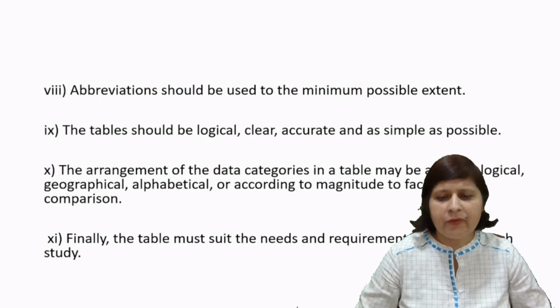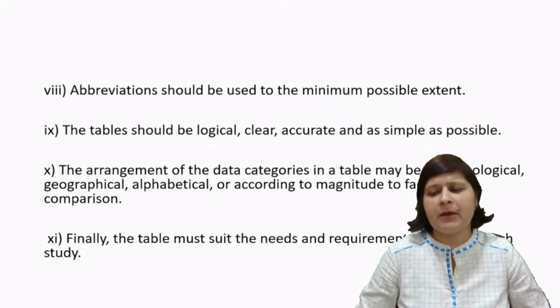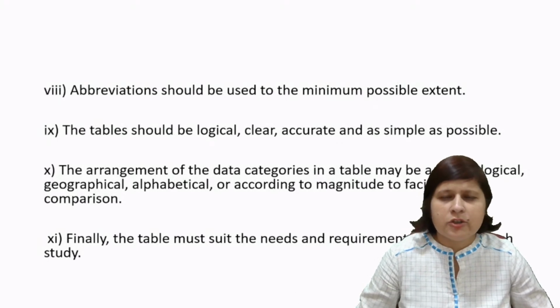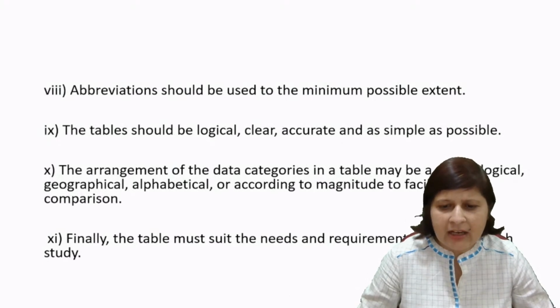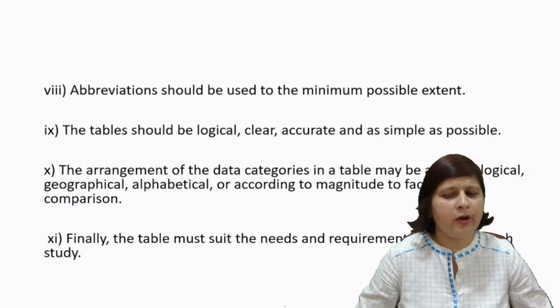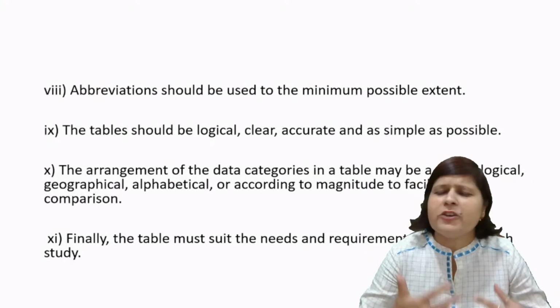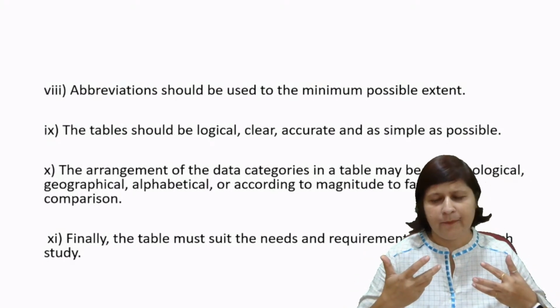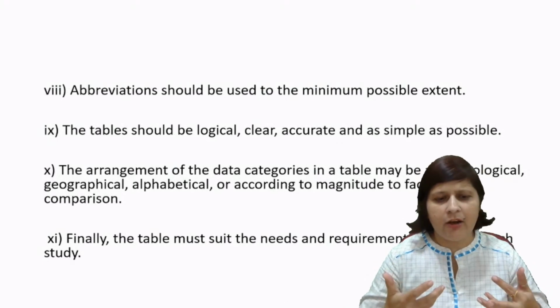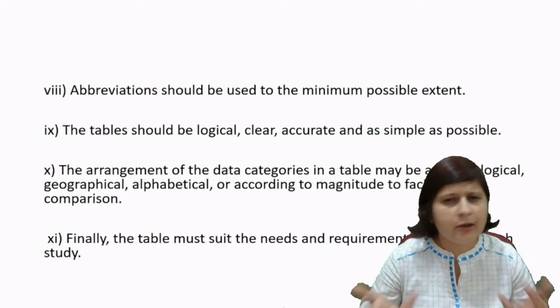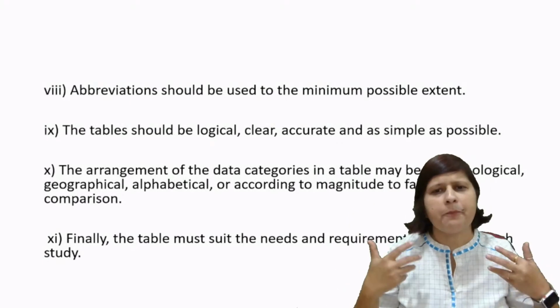The arrangement of data categories in table may be chronological, geographical, alphabetical, or according to magnitude to facilitate comparison. It can be in geographical order or alphabetical order or numerical order. There should be a proper order.